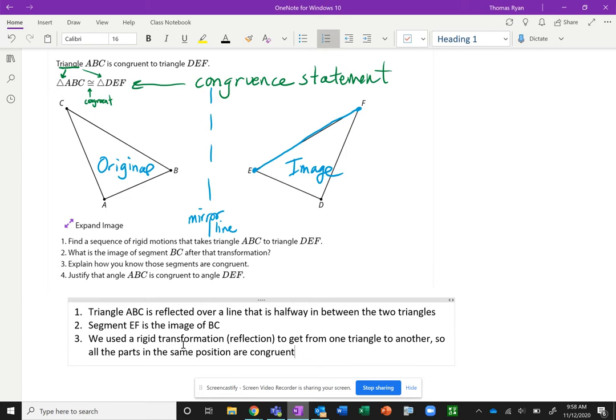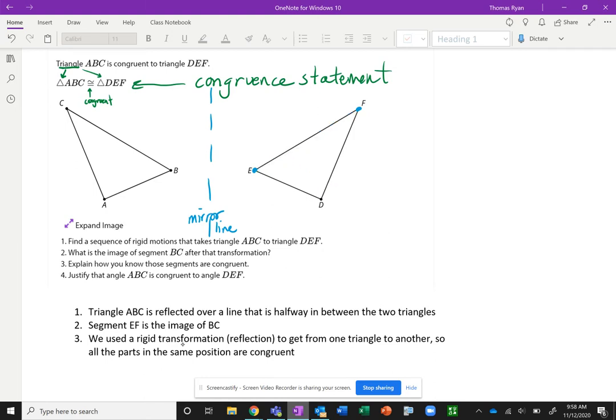congruent. And then lastly, 4 is saying, justify that angle ABC is congruent to DEF. Well, first of all, let's make sure we know, where is angle ABC? Starts at A, goes to B, pivots up to C. Right here is angle ABC. And then angle DEF starts at D, goes to E, pivots to F. This is angle DEF.